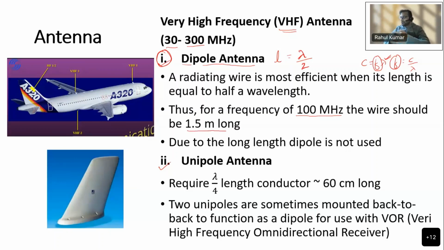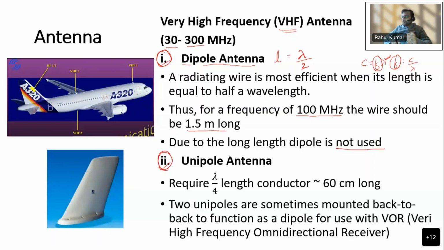Because of the long length of dipole antenna which is required to transmit the VHF frequencies, this dipole antenna is generally not used, because you would need very long antennas. The other type of antenna which is normally used is your unipole antenna.